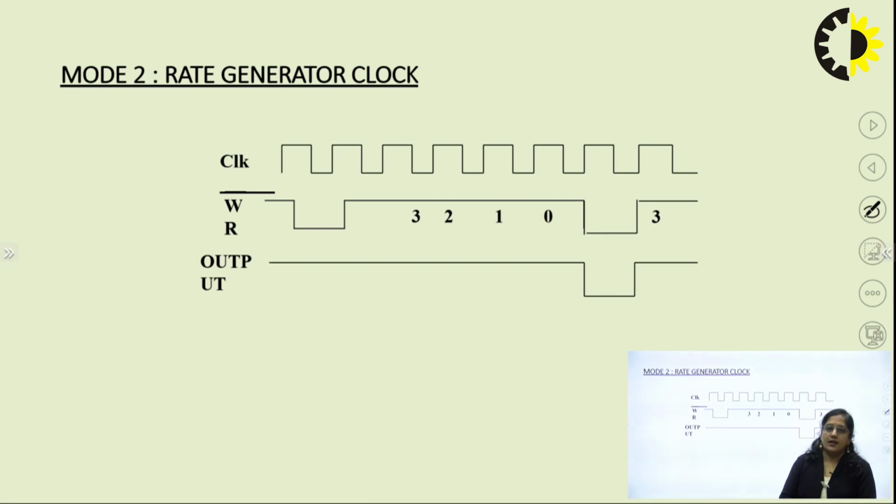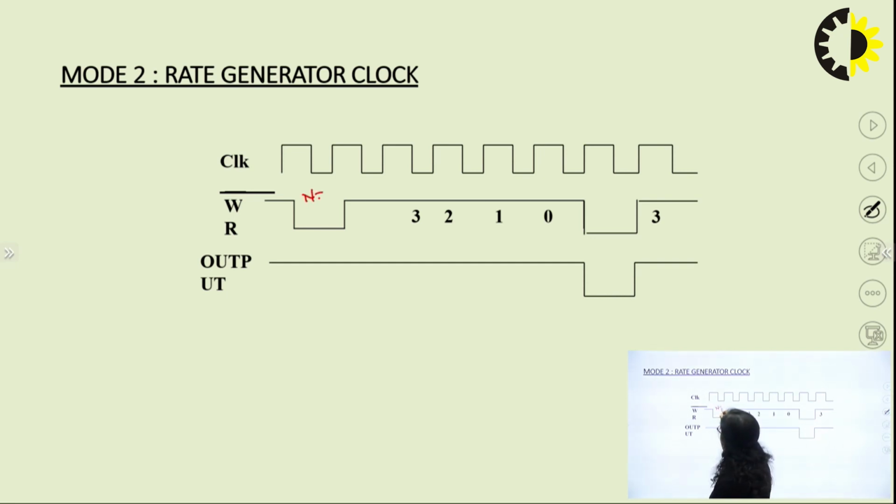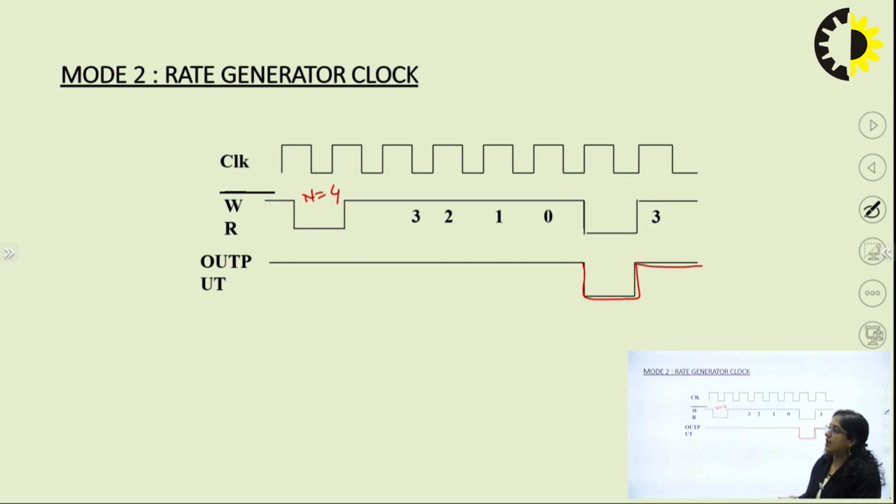The next mode is rate generator. Once we load the count value N equals 4, this mode is auto reload mode. After the count completes it generates a pulse and again reloads the count value. So 4, 3, 2, 1, 0 and one pulse will be there, and again the counter will start counting, 3, 2, 1, 0, and we will have one pulse.